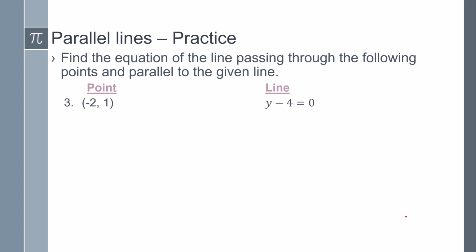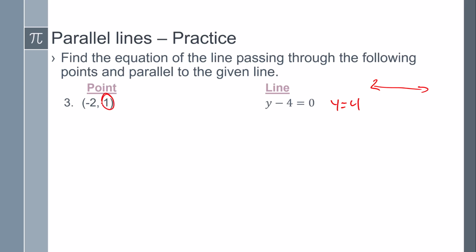Now let's look at when they're horizontal and vertical lines. So if it's parallel, it's going to be the same slope. So in this instance, if I have y equals 4, that's a horizontal line at 4. So remember, we always said it's y equals the number when it's horizontal.